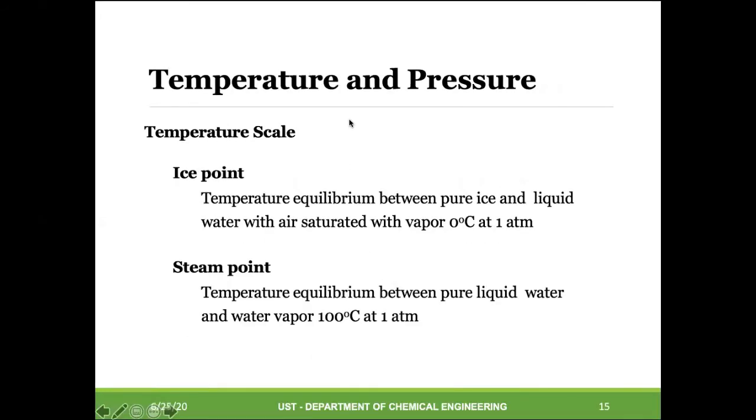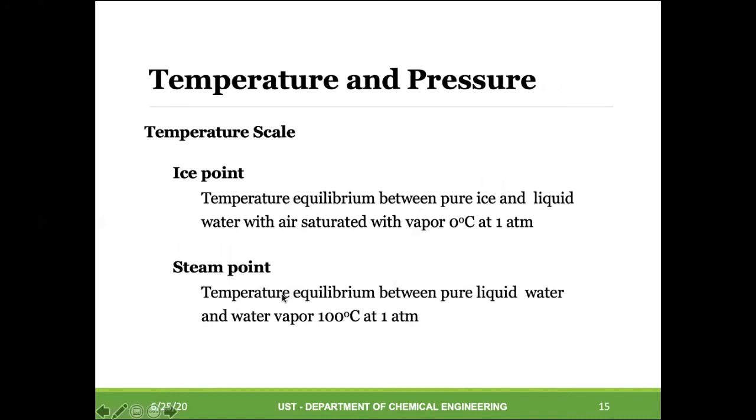Now, we also need to review temperature and pressure scales. The ice point is the temperature equilibrium between pure ice and liquid water with air, saturated with vapor at 1 atmosphere and 0 degrees.